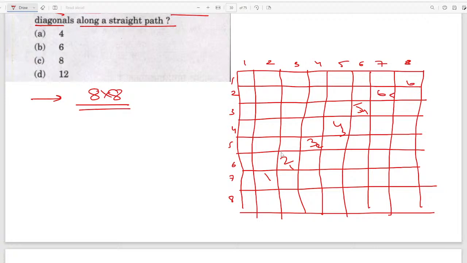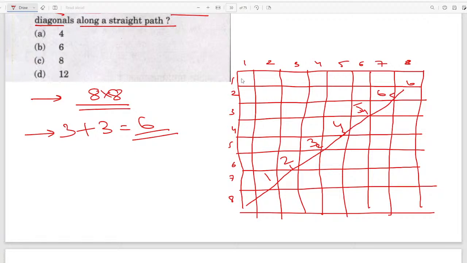So in one diagonal, you have 3 ways. There are 2 diagonals here. So 3 plus 3 is 6 ways. There are only 2 diagonals. So there are 3 ways in which you can select the 6 consecutive blocks in a diagonal.